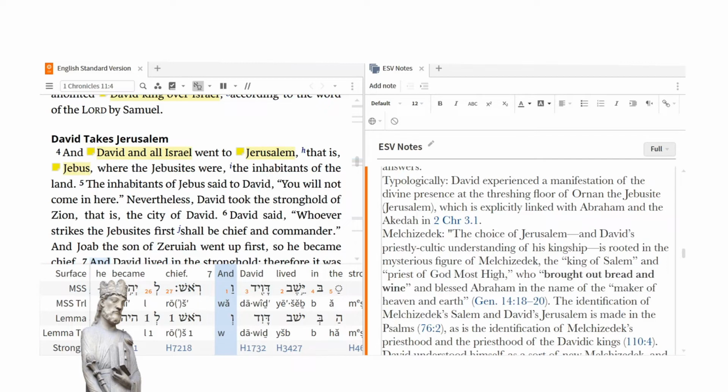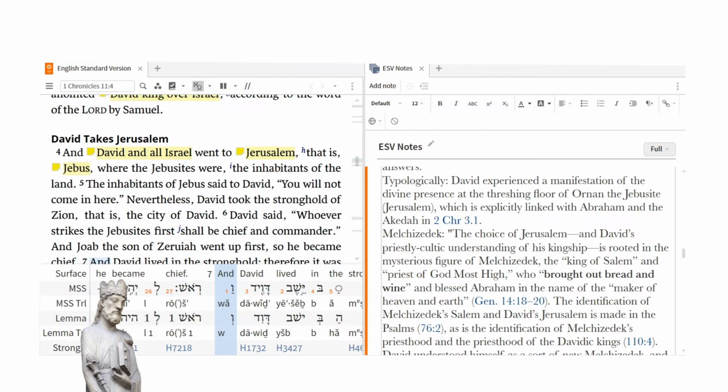We tend to focus on the fact that Abraham tithed 10% to Melchizedek, but Melchizedek gave Abraham bread and wine, which is very theologically pregnant with Eucharist kind of symbolism, the body, the blood.